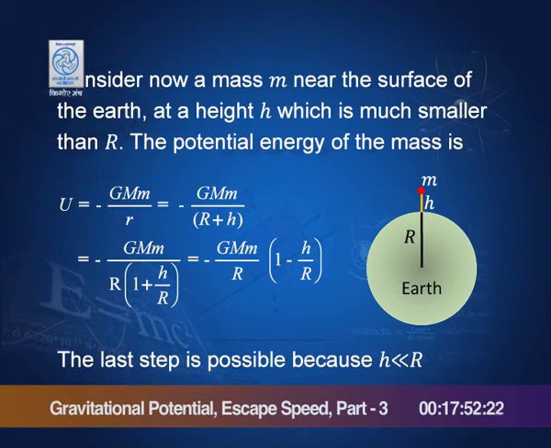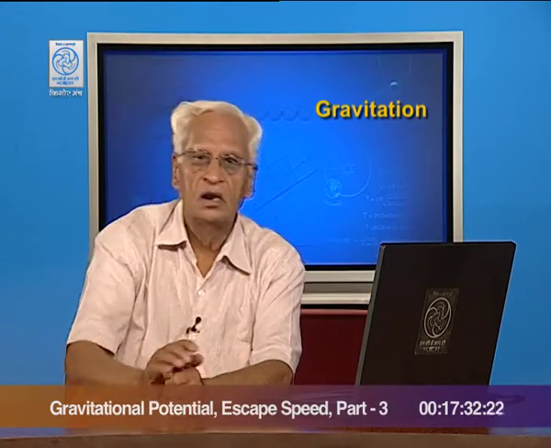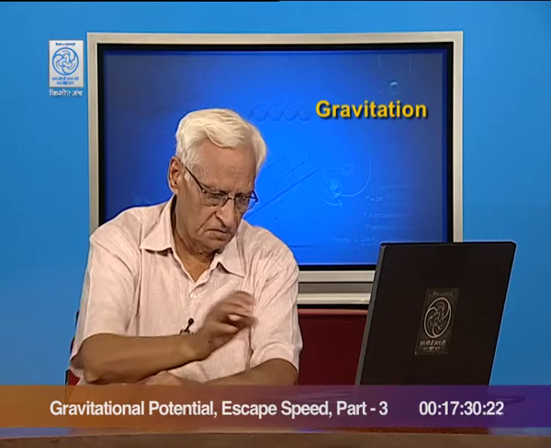Small r is capital R plus h. We can take capital R outside, R into 1 plus h by R, and this becomes minus GMm by R into 1 minus h by R, using binomial theorem and using the fact that h is small compared with the radius of the earth.